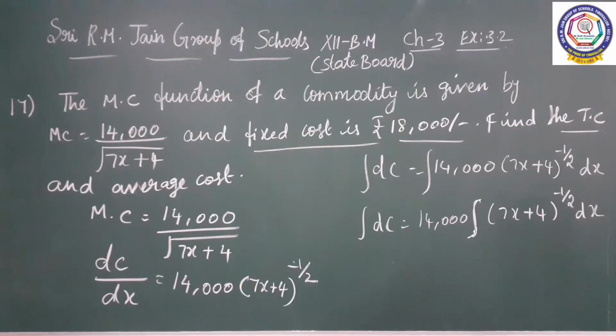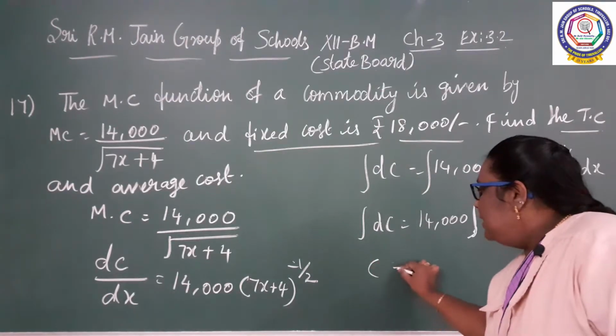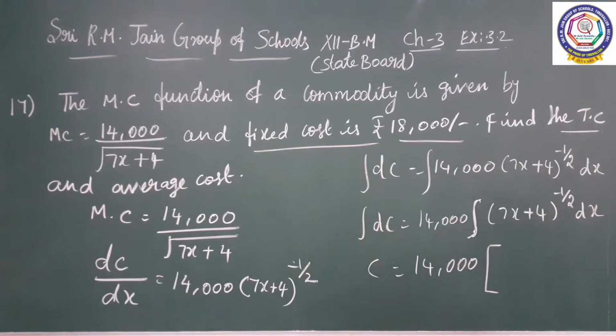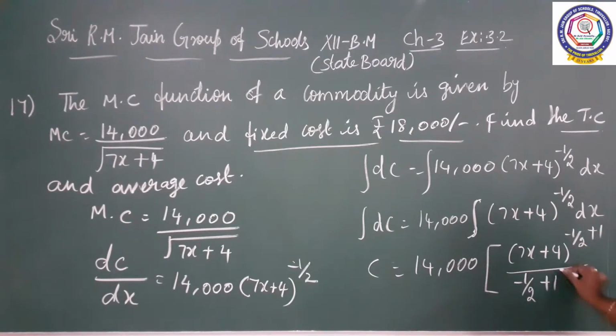What is the value of integral dc? C equal to 14,000 into the formula x power n plus 1 by n plus 1: (7x plus 4) whole power minus 1 by 2 plus 1 by minus 1 by 2 plus 1.